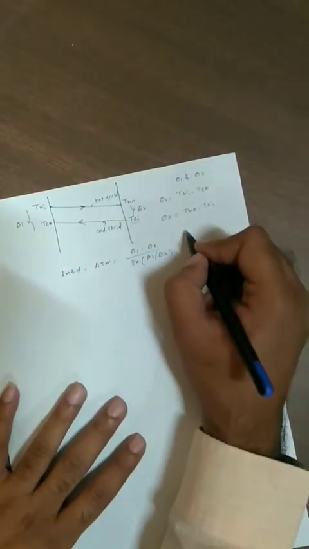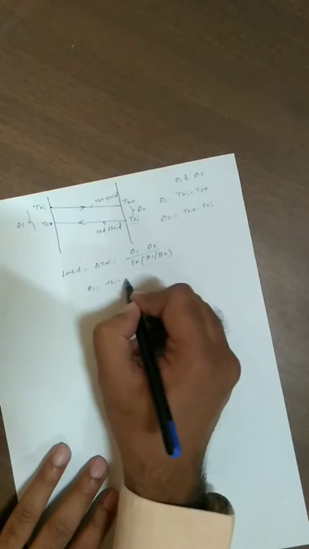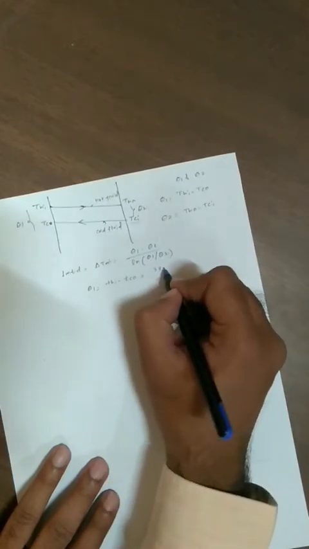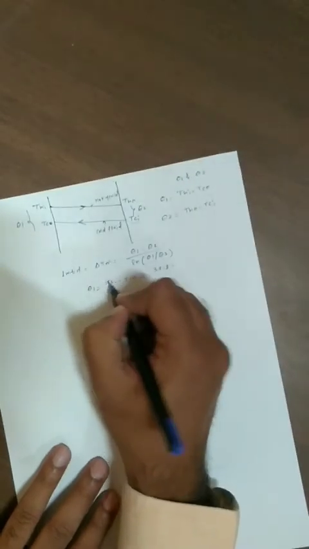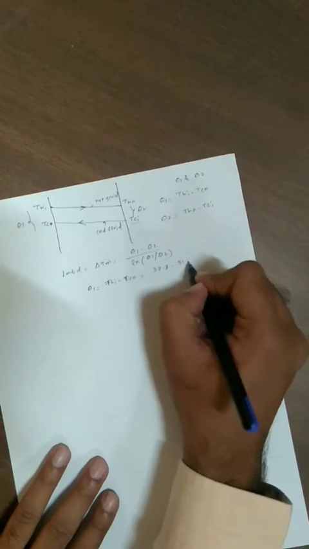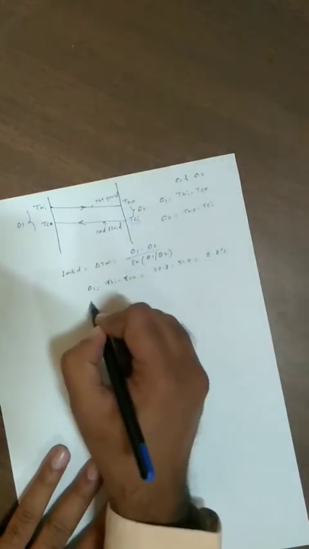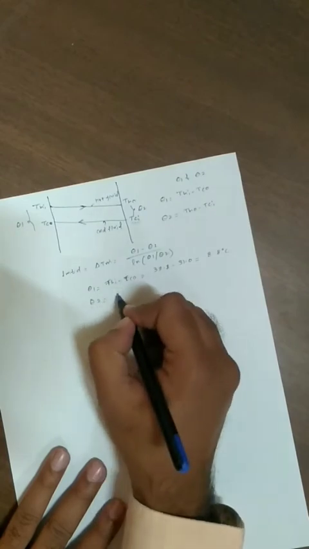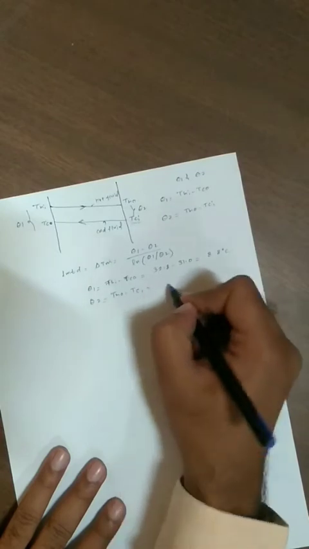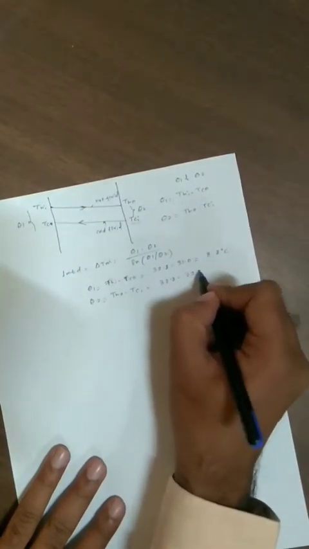So here theta 1 is calculated as THI minus TCO, which will be equal to 39.8 minus 31.0, which will be equal to 8.8 degrees centigrade, and theta 2 will be equal to THO minus TCI, which will be equal to 38.8 minus 29.5.